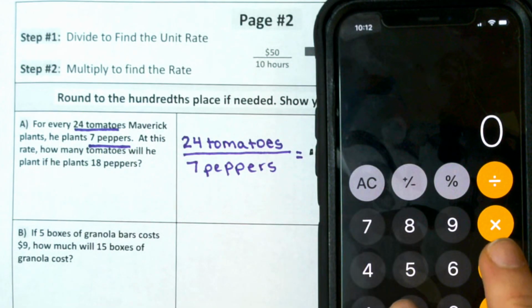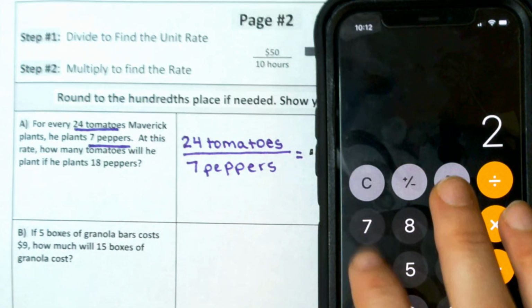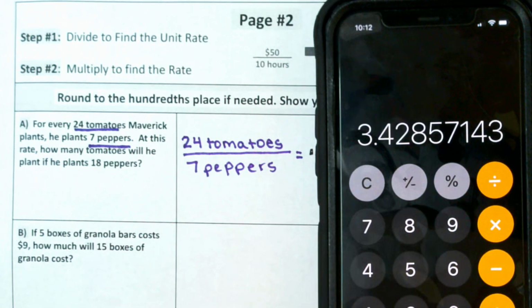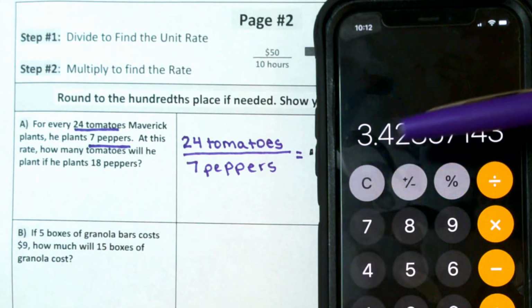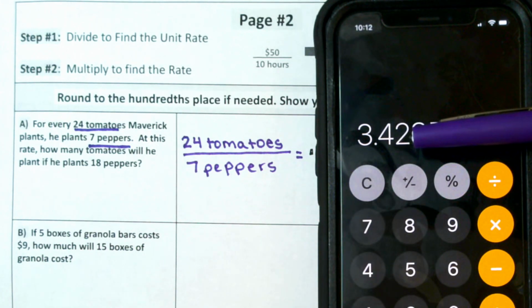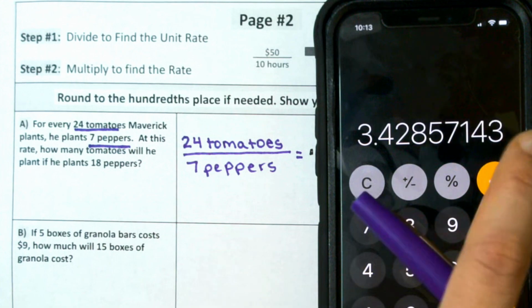And when I plug this in my calculator, 24 divided by 7, I get this long number. So I know I'm going to the hundredths place. That's what the directions said. So it's either going to be 3.42 or 3.43. Because this third number is an 8, that's 5 or higher, that means I'm going to round to 3.43.